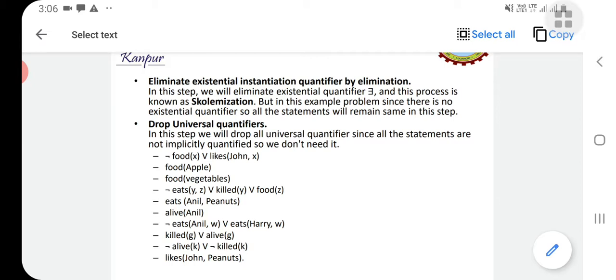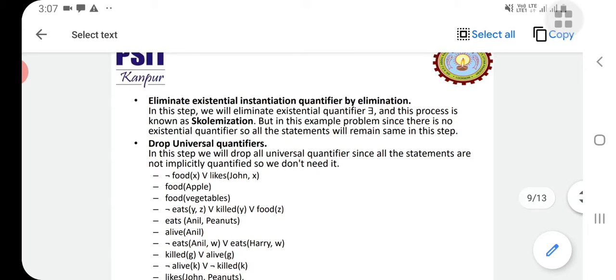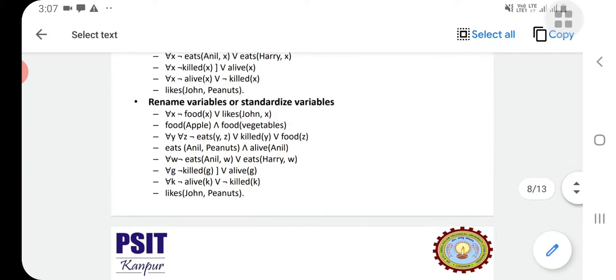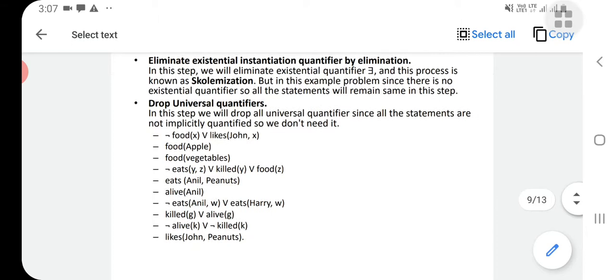For all is your universal quantifier, and there exists is the existential quantifier. If you find the there exists quantifier in your statement after conversion from FOL to CNF, you have to remove it. But in our solution the existential quantifier is not used, so no need to worry and no need to remove. After that, drop the universal quantifier.